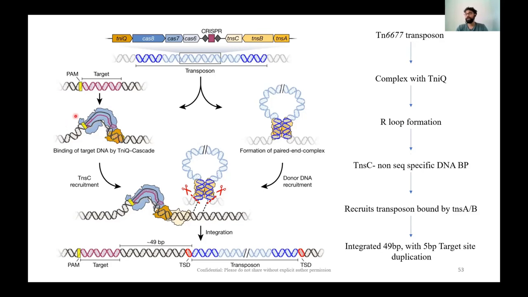So basically you have a Cas version that recruits your single guide RNA and the transposon domain to the target site. And as soon as it's recruited, there's a cleavage 49 base pairs downstream of your PAM site, and this cargo is inserted inside the target of interest. Like I said, only possible in non-mammalian systems yet, but the same is being developed.